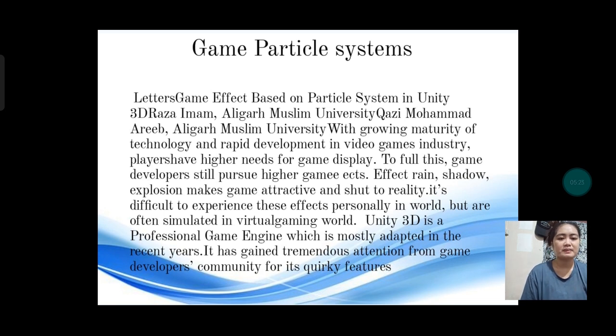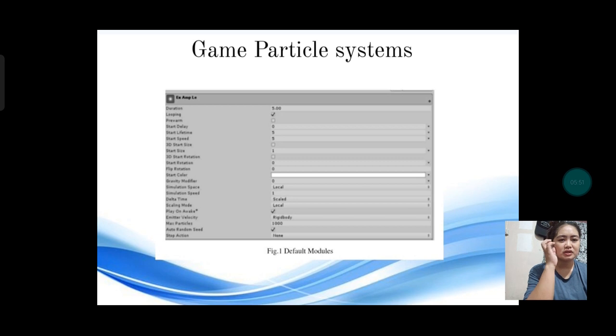It's difficult to experience these effects personally in the real world, but they are often simulated in the virtual gaming world. Unity 3D is a professional game engine which has been mostly adopted in recent years. It has gained tremendous attention from the game developer community for its quirky features. So this is the example.